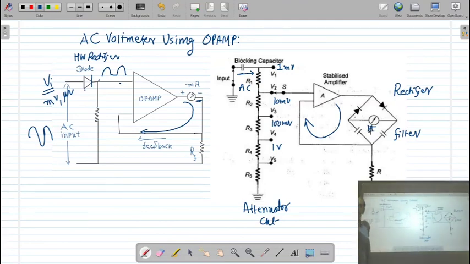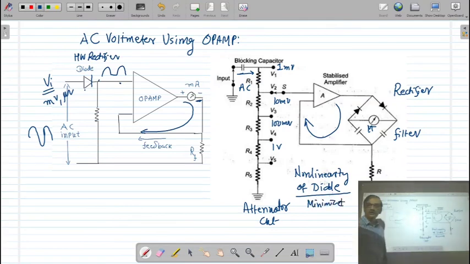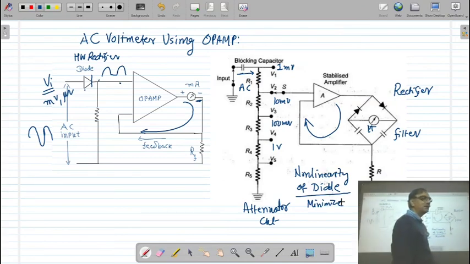In the feedback part, whatever the voltage is there is measured by this meter M. So whenever the meter is in the feedback part, whatever non-linearity of the diode is there is going to be minimized. Because we know that when my input voltage is very small, the relation between the current and voltage in the diode is non-linear.